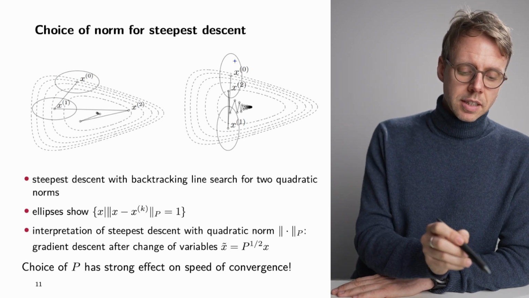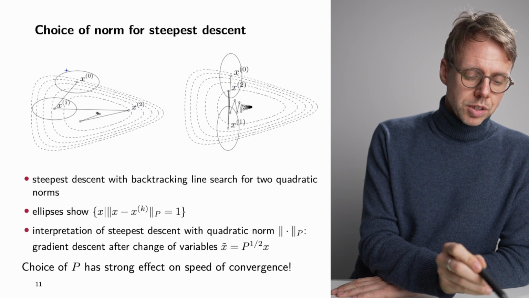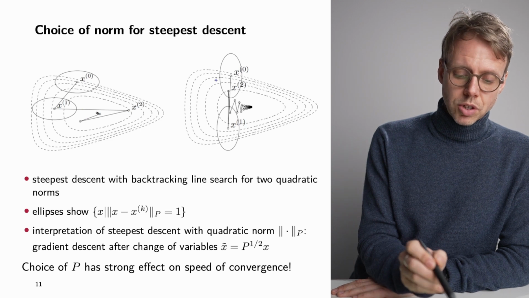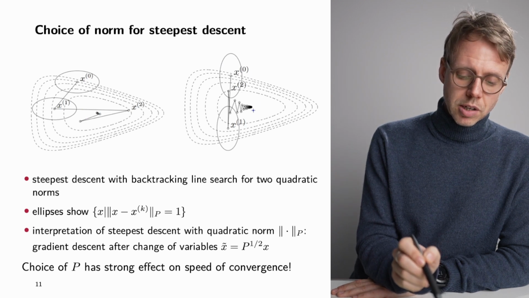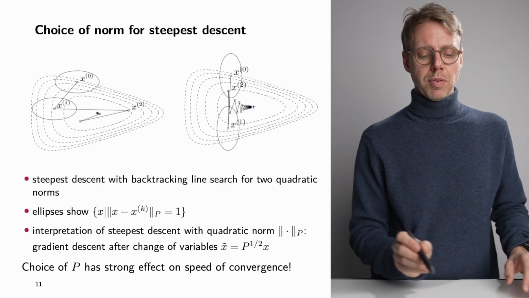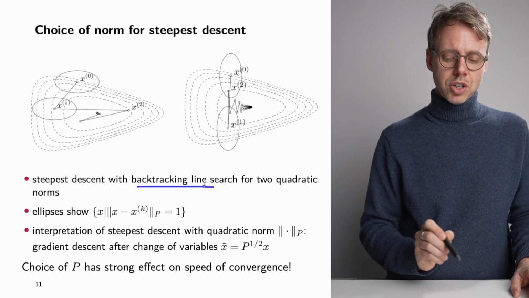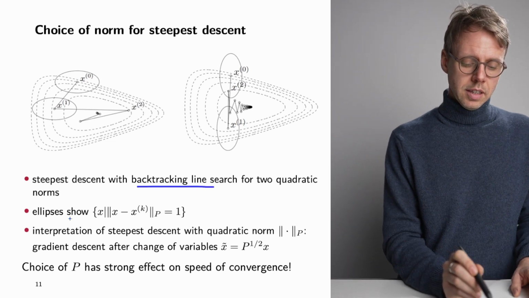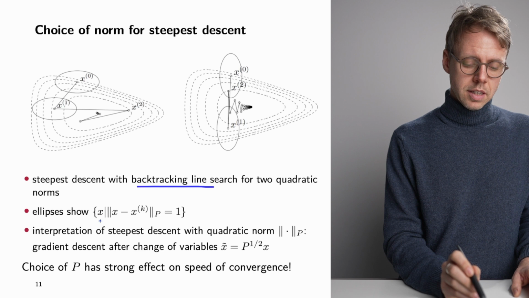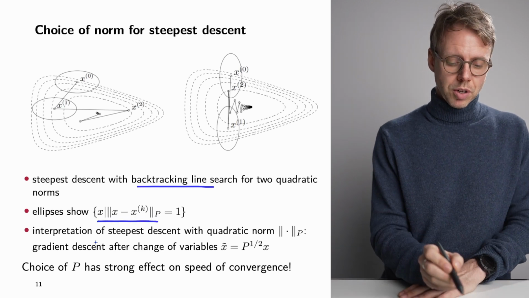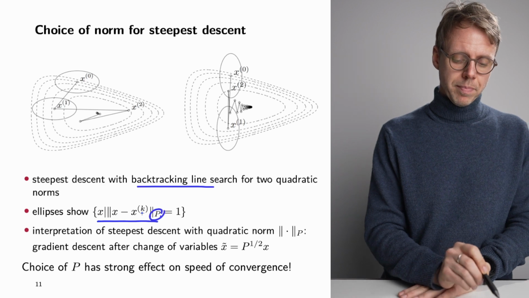And we see that if we choose this norm here, we get a quick convergence, and if we choose this other norm here, we get a slow convergence. In both cases, we have performed backtracking line search, and the ellipses show the unit balls of the particular norm.